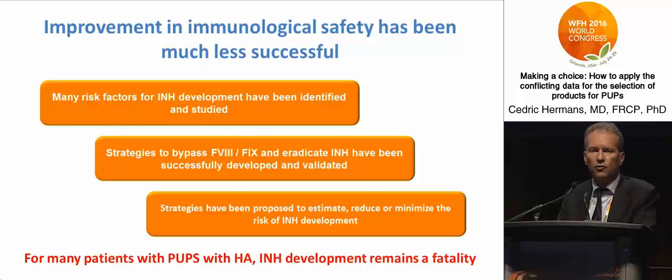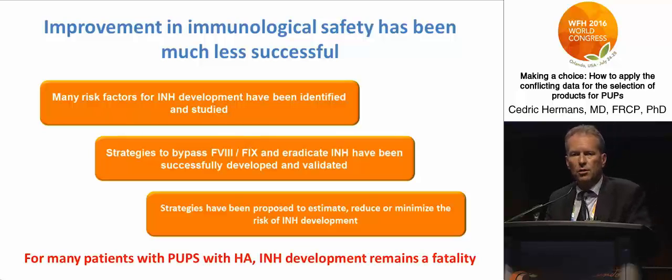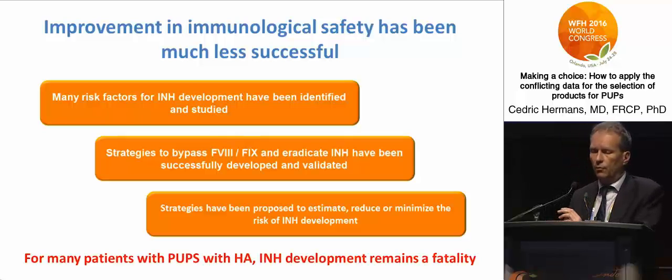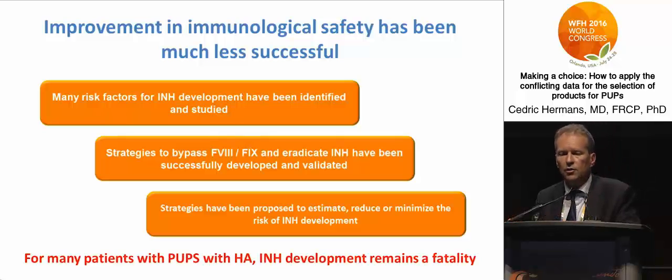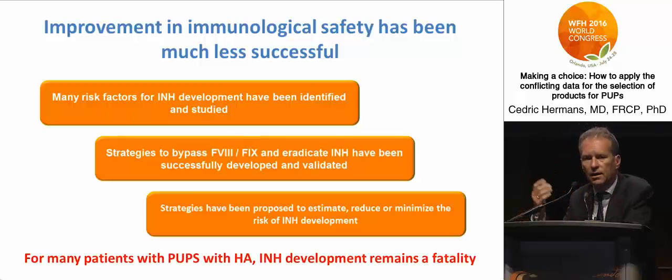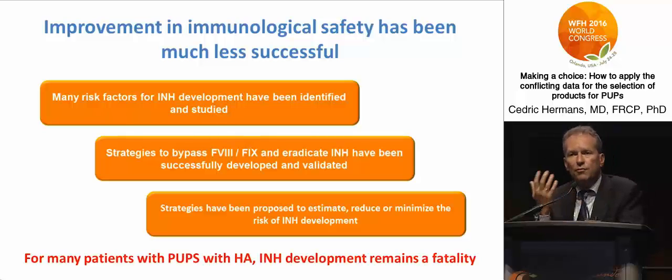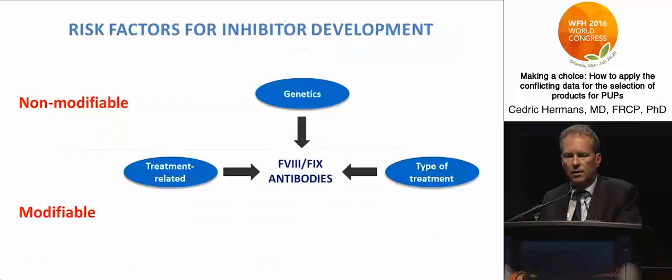We also have strategies that have been proposed to estimate, to reduce or minimize the risk of inhibitor development. But we shouldn't forget that for many PUPs, many previously untreated patients treated with factor VIII, inhibitor development remains a fatality. So this slide summarizes that the improvement in immunological safety has been much less successful than the infectious safety.